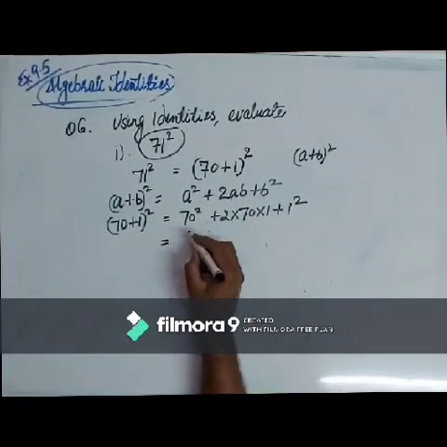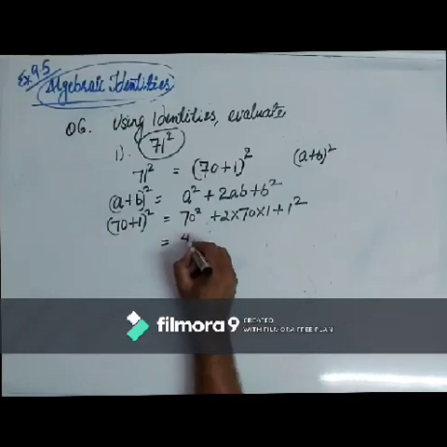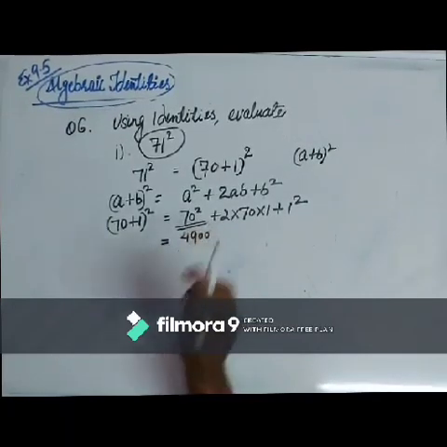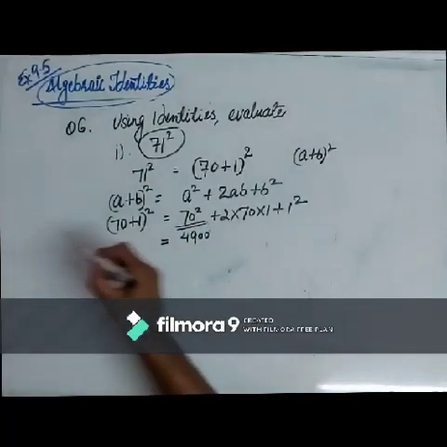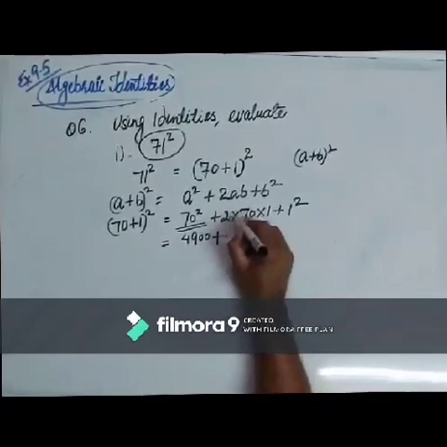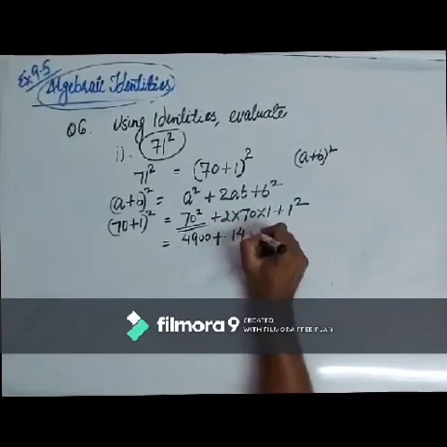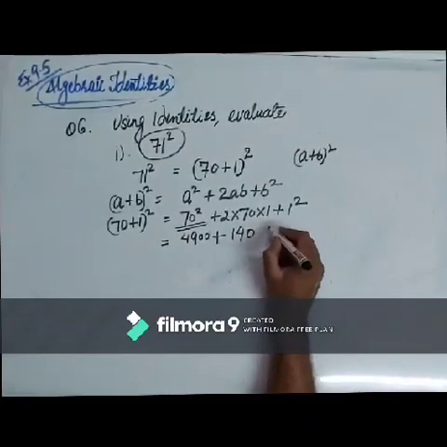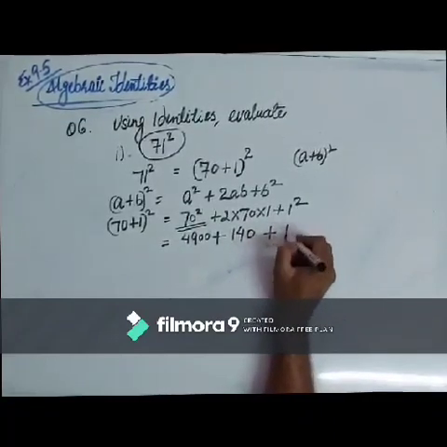So your answer is 4900. 70 into 70 is 4900, plus 2 into 70 into 1 is 140, plus 1.